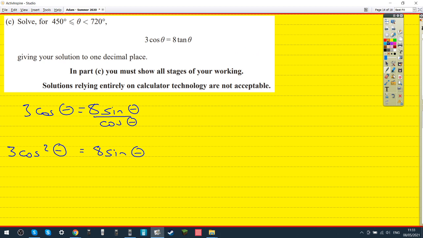Yeah, you could square both sides. What do you get? You get 64 sine squared theta, right? And then you get 9 cos to the power of 4. Yeah. Easy.